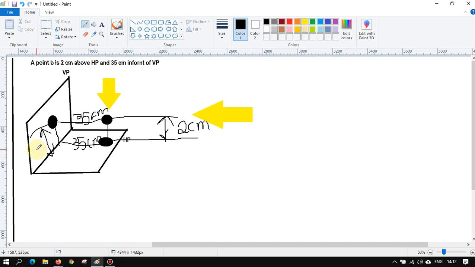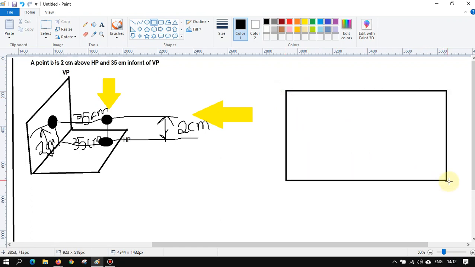Fine. So what we'll do, we'll unfold it. After unfolding, we'll be getting this thing. This line. Again, there will be a partition.